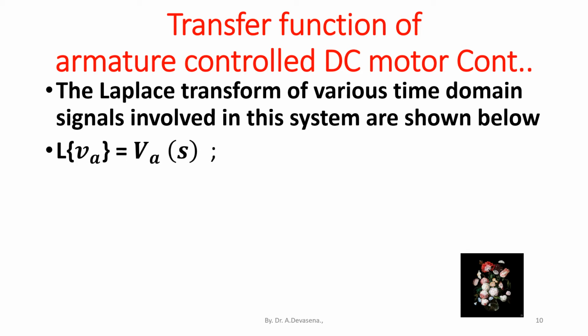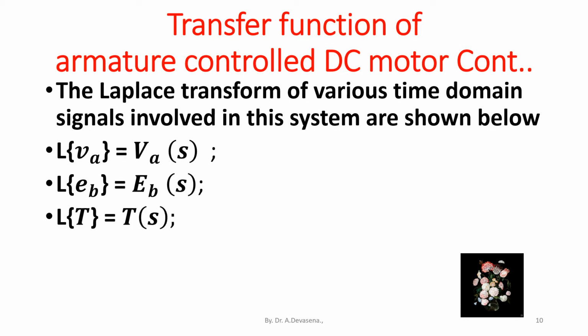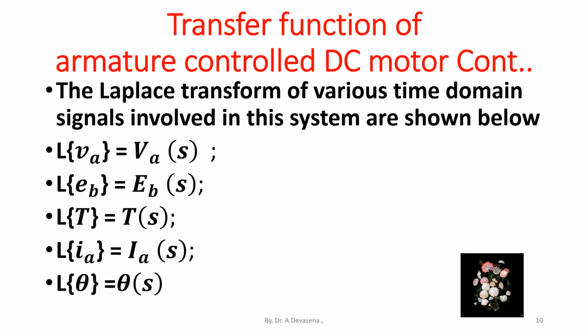Laplace transform of the armature voltage v_A is V_A(s). Laplace transform of E_B is E_B(s). Laplace transform of torque T is T(s). Laplace transform of armature current i_A is I_A(s). And Laplace transform of the angular displacement theta is theta(s).